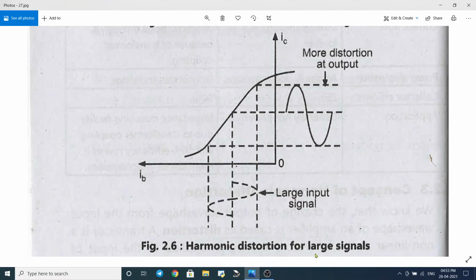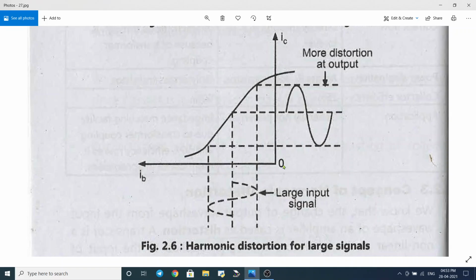But if you consider the harmonic distortion for a large signal, that is for a power amplifier, the same graph, that is IC versus negative values of IB, this curve is non-linear, and this is the input signal, this is the output signal.